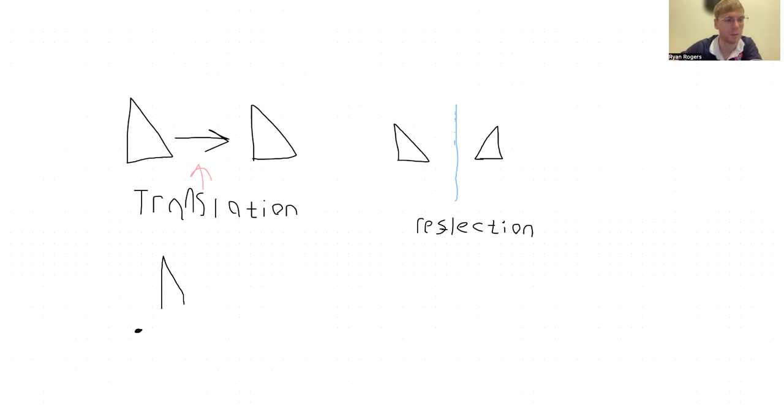Yeah, that'd be better. Okay. Not a perfect triangle. In fact, it's still bothering me, so I'm going to change it just slightly. All right. Thank you for being patient. All right. So let's say I had this triangle right here and it rotated from here to here. That is rotation, okay?